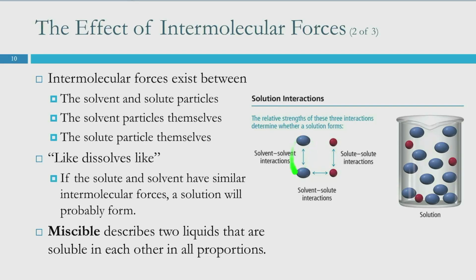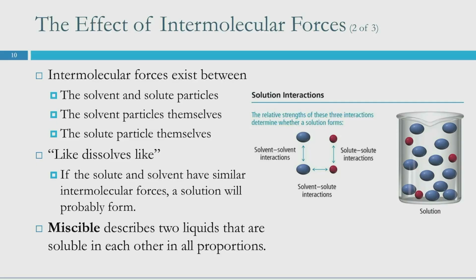And that's because usually the solvent-solvent interactions are going to clump together, and the solute-solute interactions will clump together, and there's not enough interaction between those two groups, and so they'll separate. Those things are not going to dissolve. Usually that's because of the type of intermolecular forces that they have. The big phrase that we have for dissolving things in chemistry is like dissolves like.